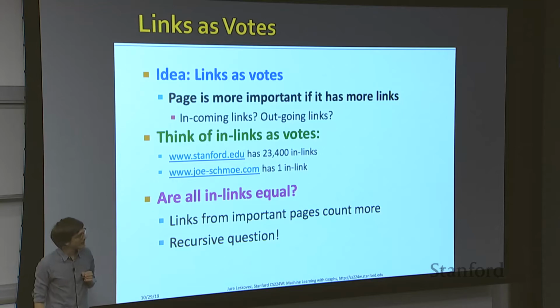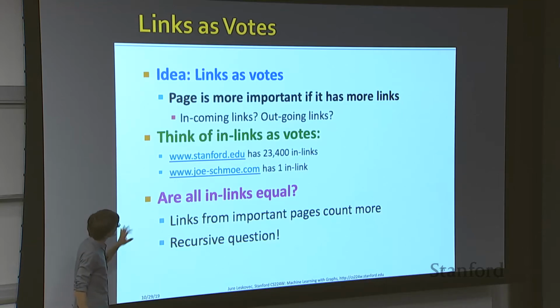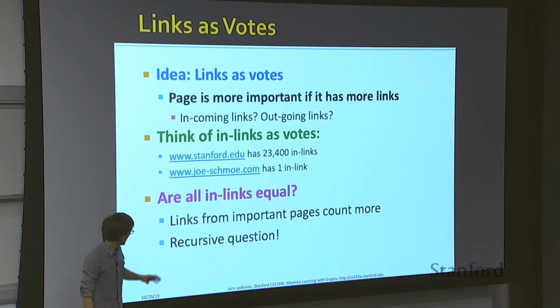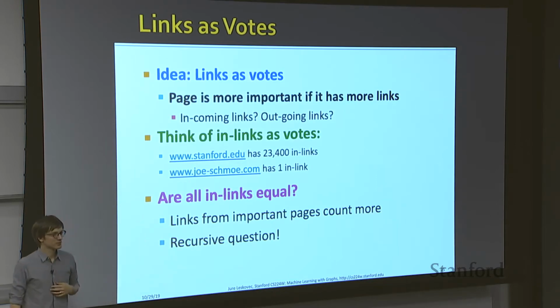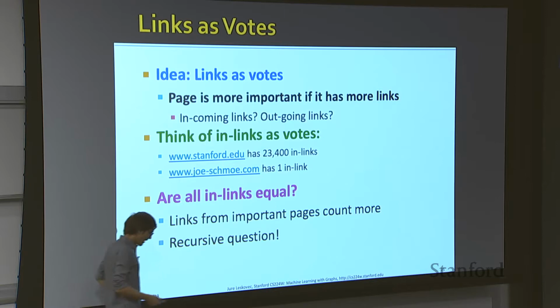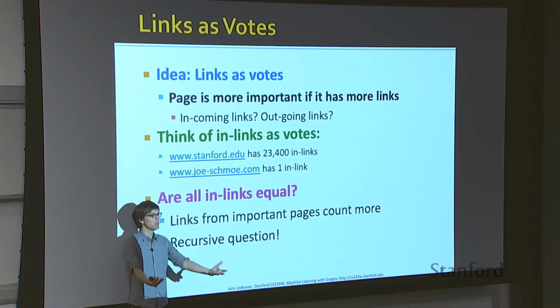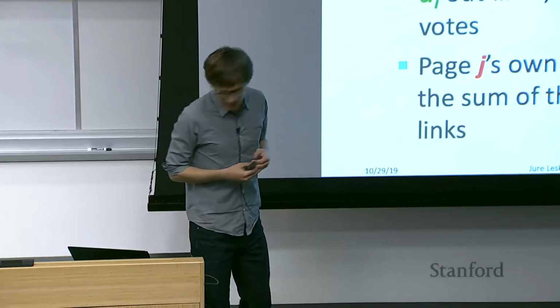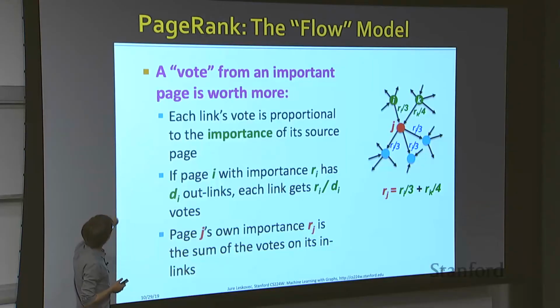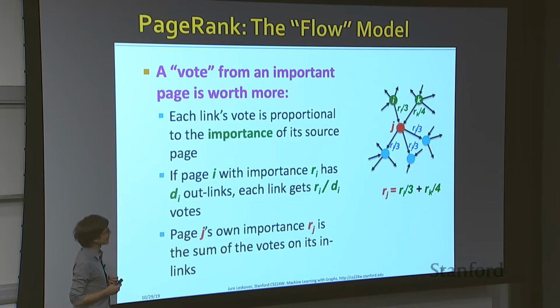So I'll get to that. But the idea right now will be that we say links are votes, and links from more important pages make you more important. So it's not only about the number of friends you have, but also how important your friends are. That's one way to say it, right? So the idea is that a vote from a more important page is worth more.